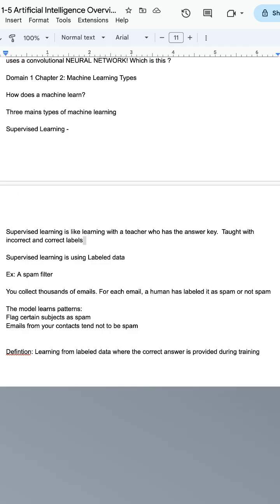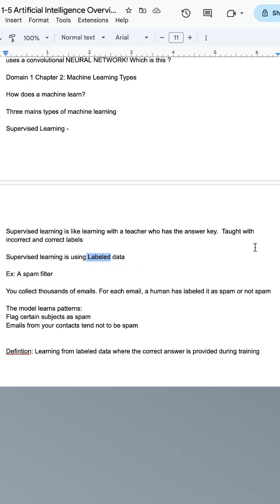You show the AI model examples, and for each example, you give it the correct answer. The model learns the relationship between the input and the correct output. This correct answer is called a label. So supervised learning uses labeled data.